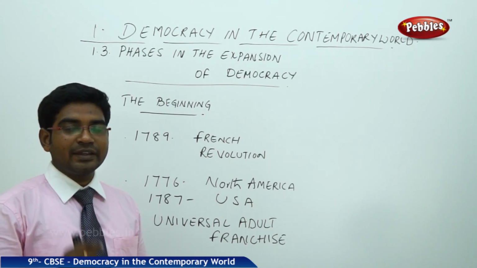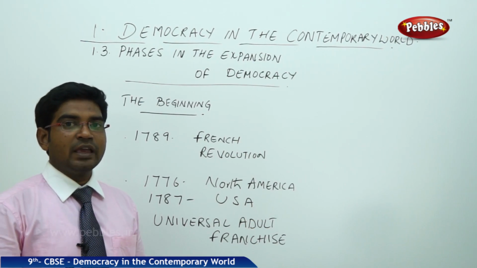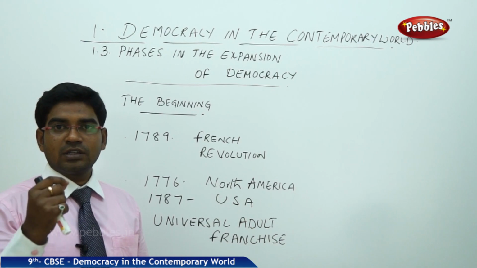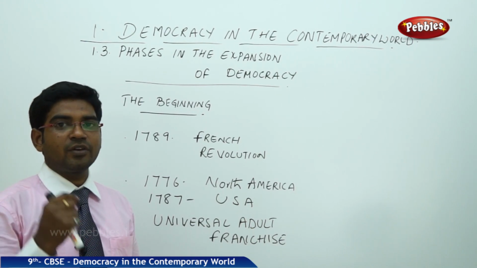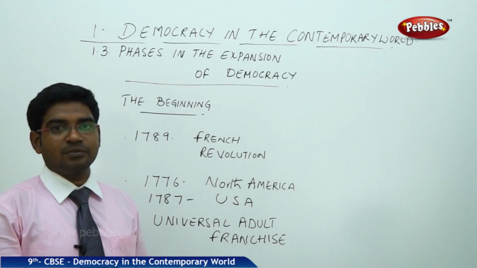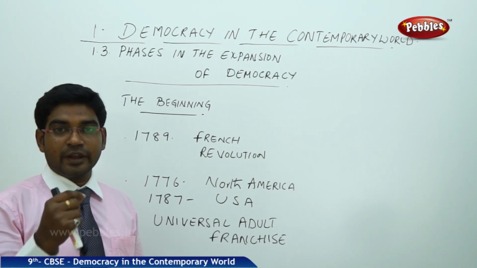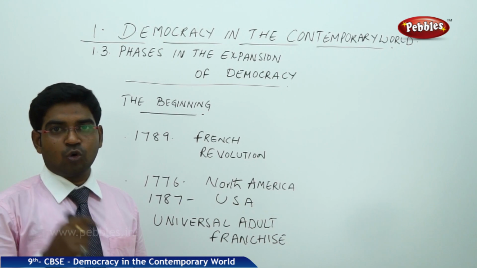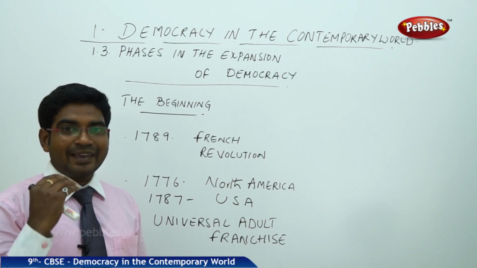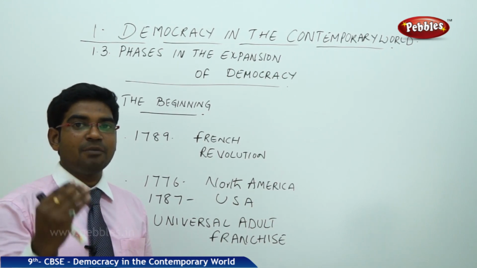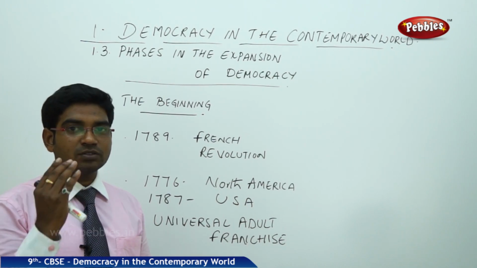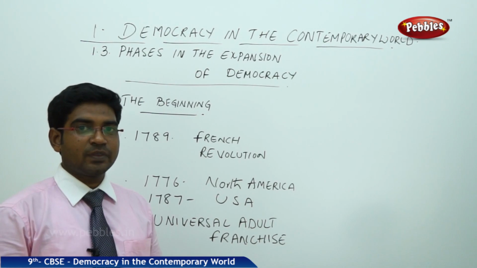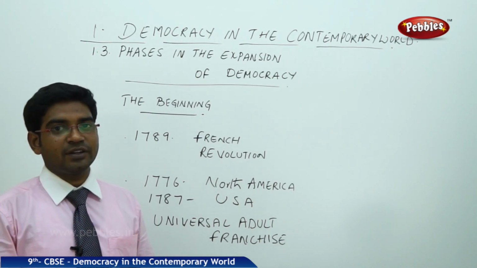So whoever attains 18 years of age, irrespective of their caste, color, creed, race, religion, region or anything else, would be eligible to cast their vote. By casting their vote, they directly participate in the politics of the nation. So they determine the future of the nation by electing the representatives.